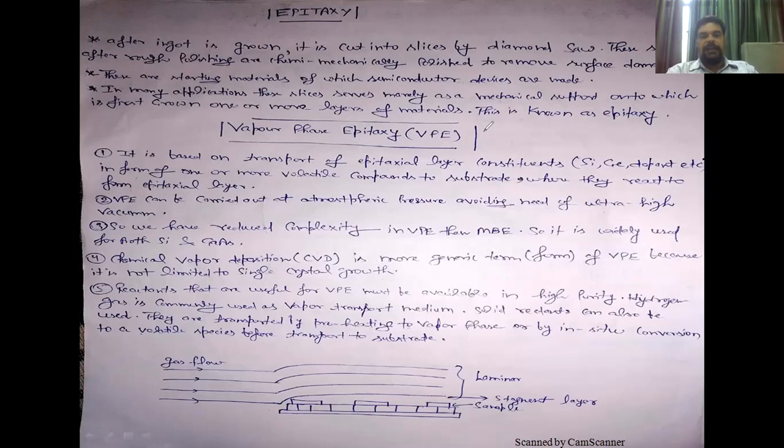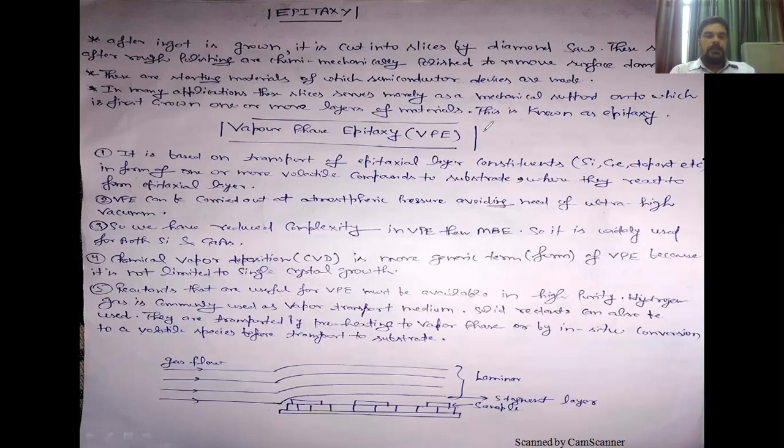If we say chemical vapor deposition, the layer that we are growing onto the substrate is not necessarily single crystal; it may be polycrystalline as well. Any material that you are growing onto the substrate comes under vapor phase deposition. But if we talk about vapor phase epitaxy, VPE, then we are strictly depositing single crystal material onto the substrate.